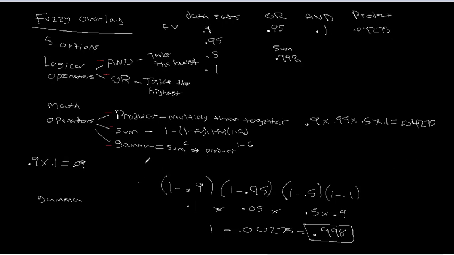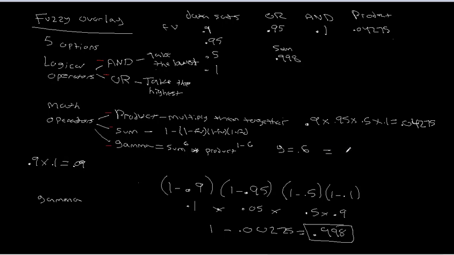So let's go ahead and look at what this would look like for our equation here. Let's set a gamma equal to 0.6. Right. So what we would do is we would have gamma equal to 0.6.